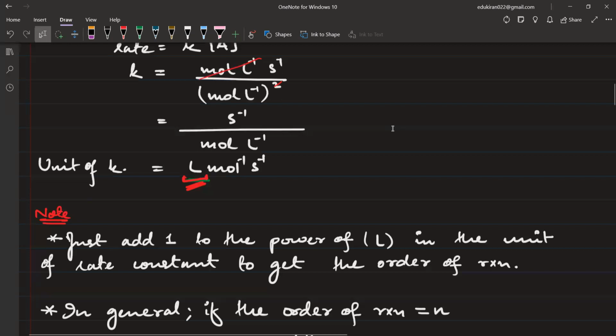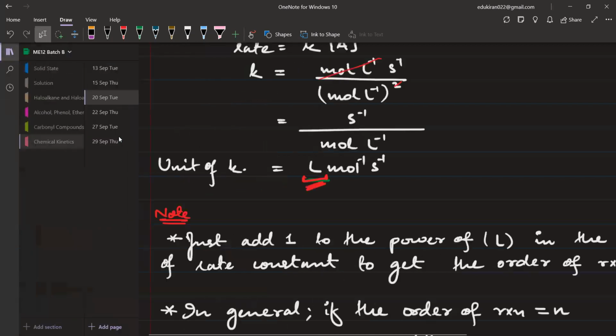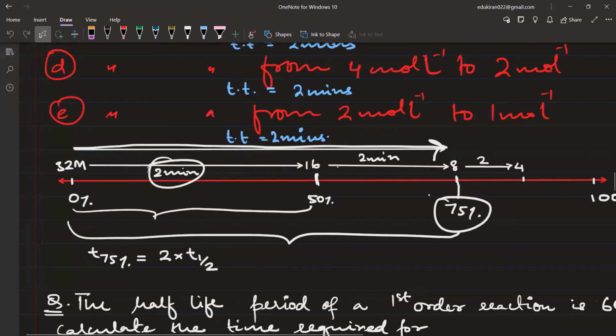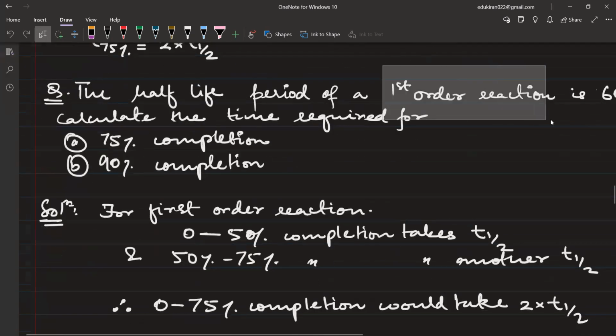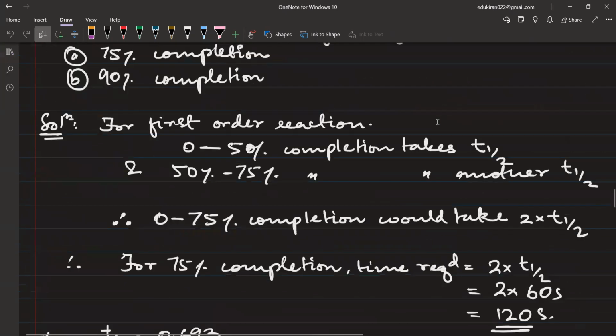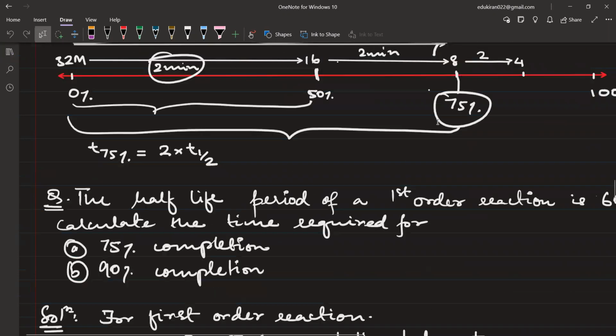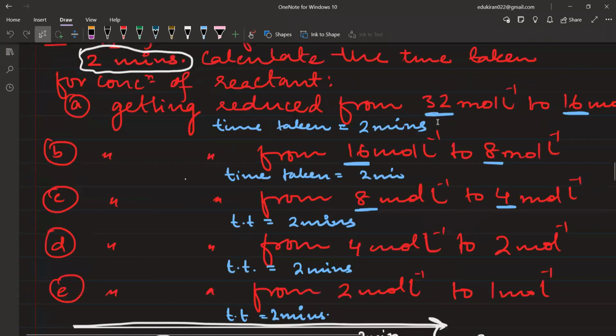So for all the numericals, the K will be given, and then from there you identify the order. Otherwise, they will just give you the order of reaction. And once you have identified the order of reaction, you have to use the integrated rate law equation.